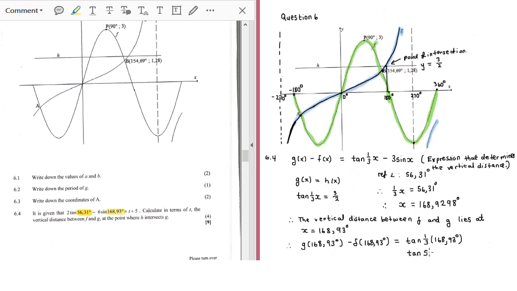That is basically the tan of 56.31 degrees, and then minus 3 times the sine of 168.93 degrees, and that doesn't change in the next line.